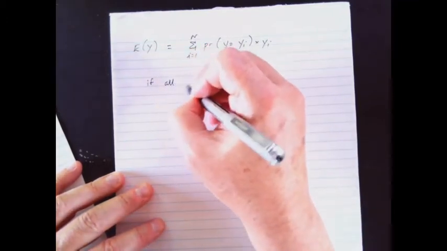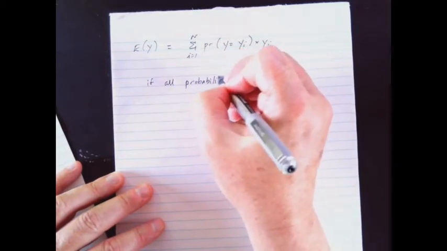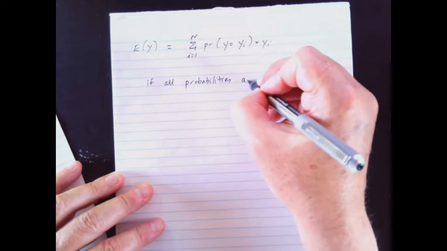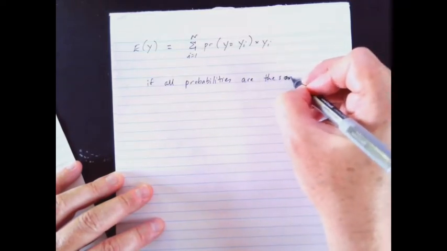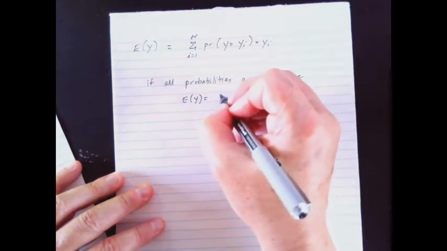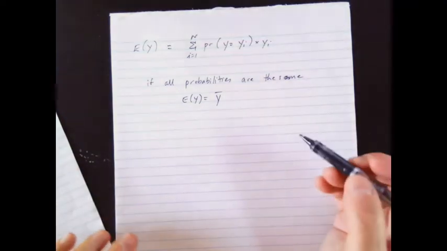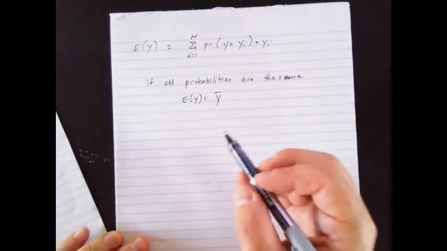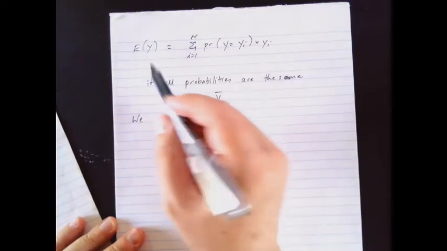If all probabilities are the same, if every value is equally likely, then the expected value equals y bar, the sample average.